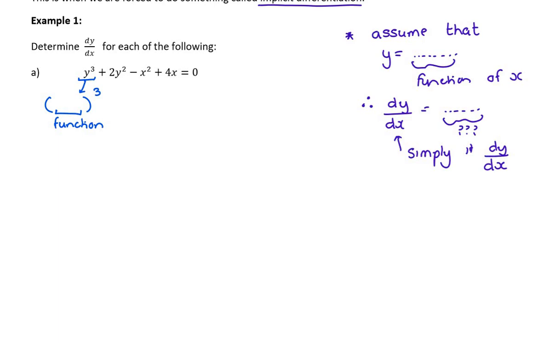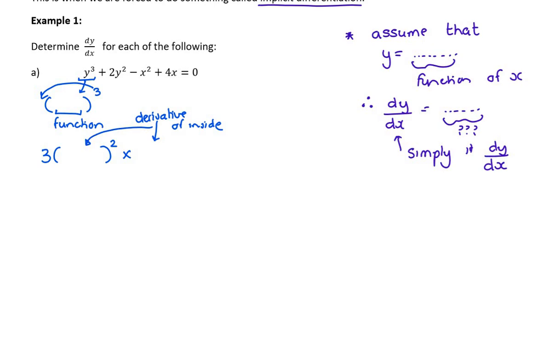And to differentiate using the chain rule, you would differentiate the outside function. So I would bring down the 3, I would leave the function inside, I would minus 1, and then I would multiply by the derivative of the inside function, so the derivative of that.